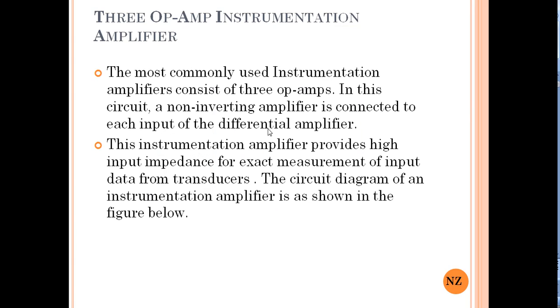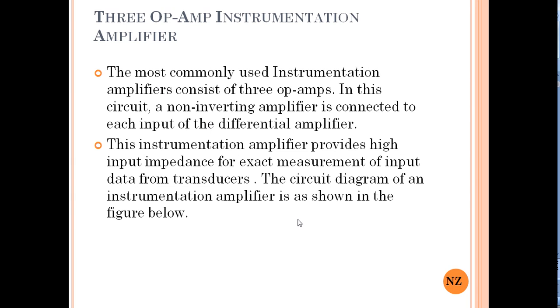So the most commonly used instrumentation amplifier consists of what? 3 op-amps. In this circuit, a non-inverting amplifier is connected to each input of the differential amplifier. So we have 2 non-inverting amplifiers whose outputs act as inputs to the differential amplifier.